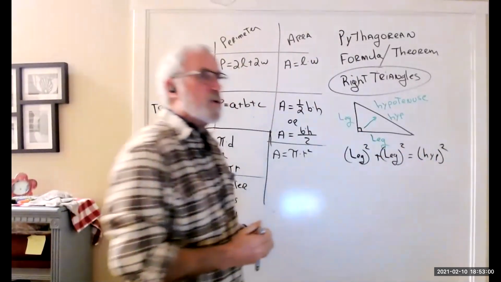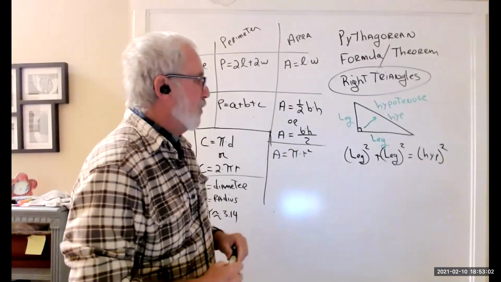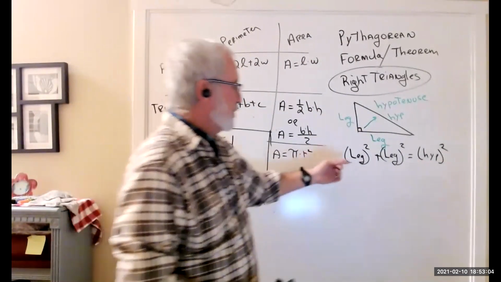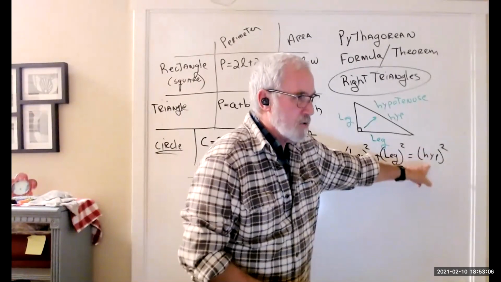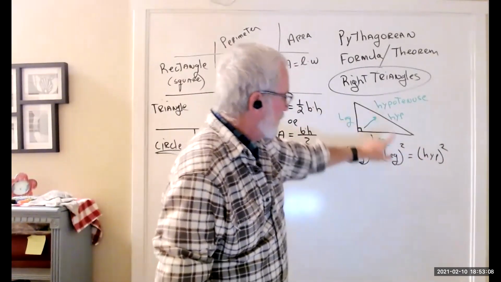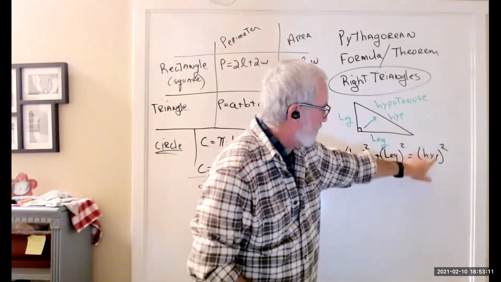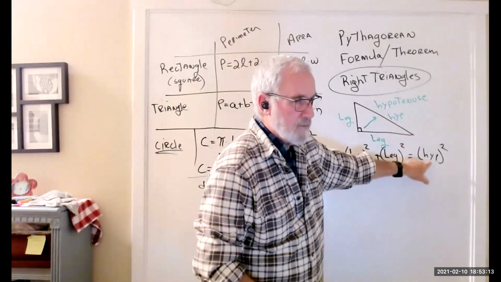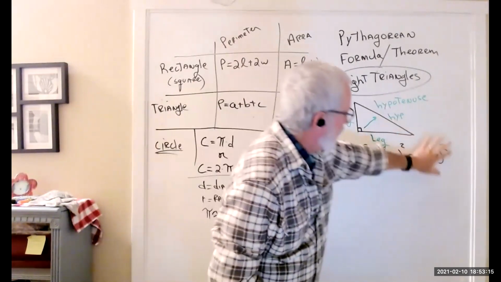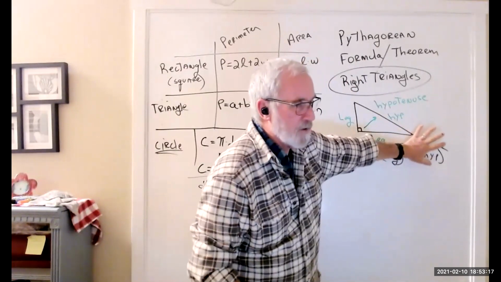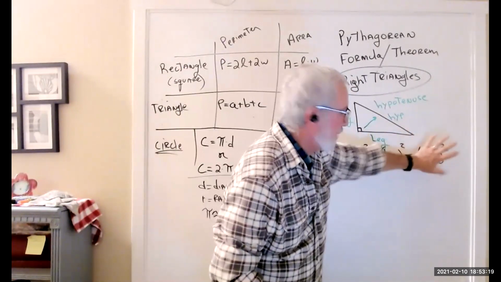The correct way to state the Pythagorean formula is to use the words leg and hypotenuse. Leg squared plus leg squared equals hypotenuse squared. The hypotenuse is always out here by itself in this formula.